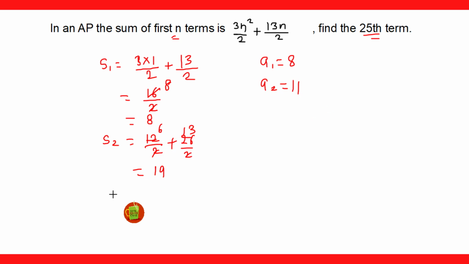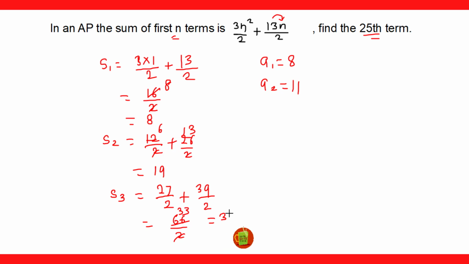Similarly, we will find the third term, the sum of three terms. So 3 square will be 9, 9 threes are 27, so it will be 27 upon 2, plus 13 threes are 39, so 39 upon 2, and that is equal to 66 upon 2, so S3 is equal to 33.